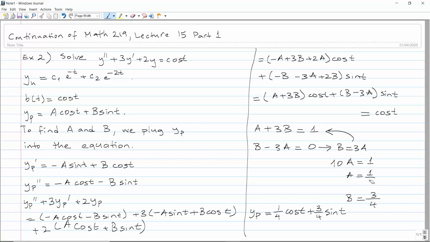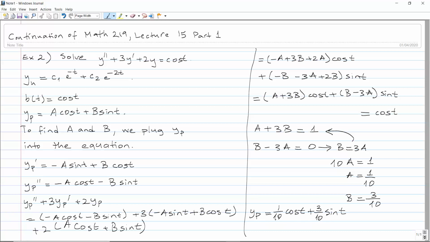So a is 1/10 and b is 3/10. So my particular solution is 1/10 cosine t plus 3/10 sine t. Okay, that's my particular solution.